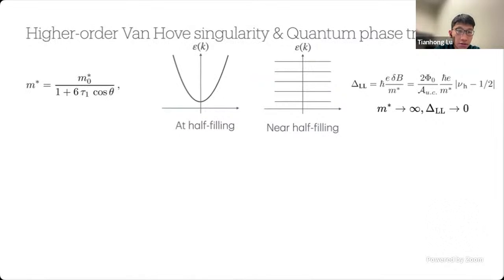Isn't this an artifact of using composite fermions? You're putting 2 flux quanta per electron. Half filling is special for composite fermions, isn't it? Sorry, I didn't quite understand the question.